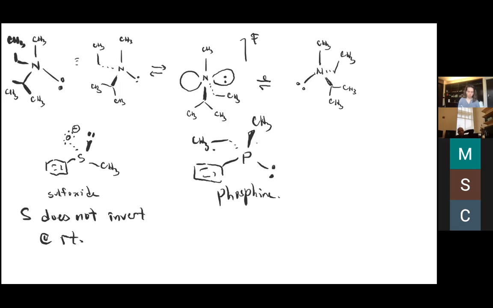Okay, so this is kind of an aside. We certainly will not put up other elements and ask you to tell us if they're chiral or not. But it's good to know that sometimes you can have chiral molecules with lone pairs and they're configurationally stable. Other times they're just not.